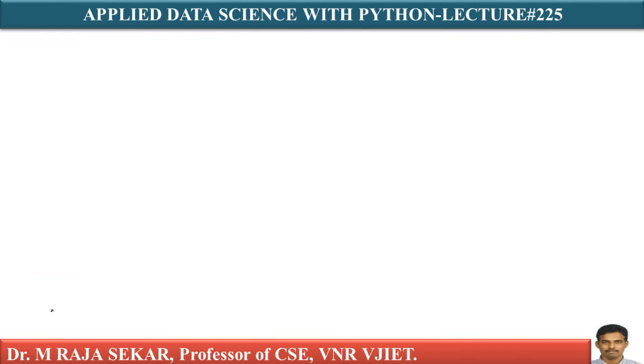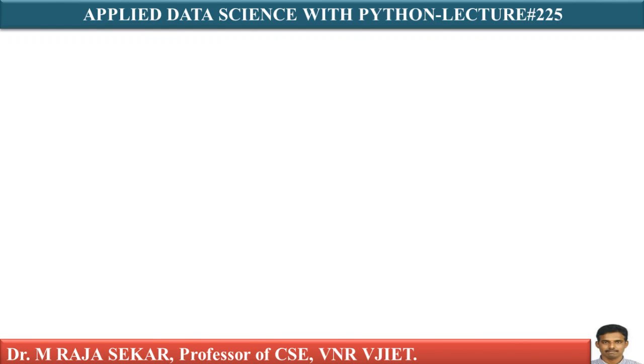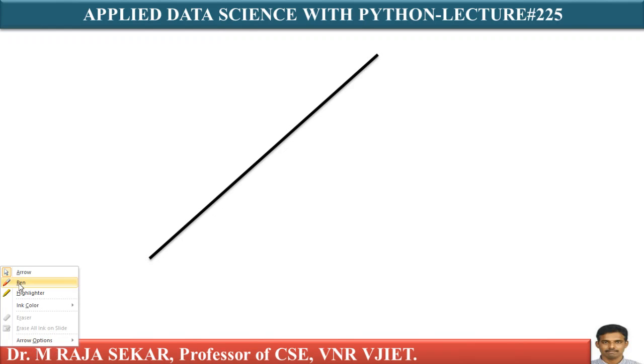In this lecture, we will try to understand the distance of a point from a plane. Let me assume this is my plane pi. For simplicity, let me assume this plane pi passes through the origin.